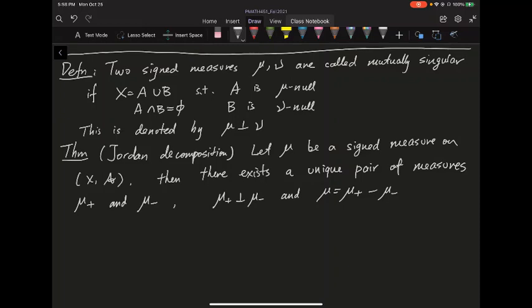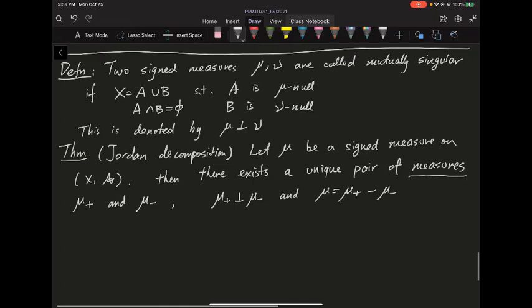The Jordan decomposition theorem basically tells us that if I have a signed measure, then I can find a unique decomposition of the signed measure as a difference of two mutually singular positive measures. Here's the statement. For any signed measure mu, I can find a unique pair of positive measures, mu plus and mu minus.